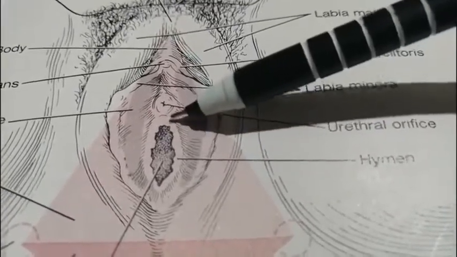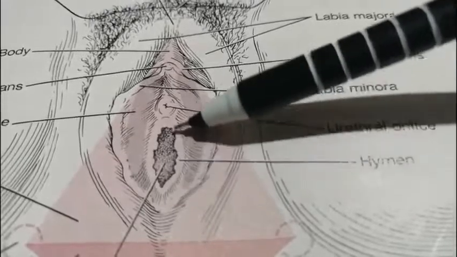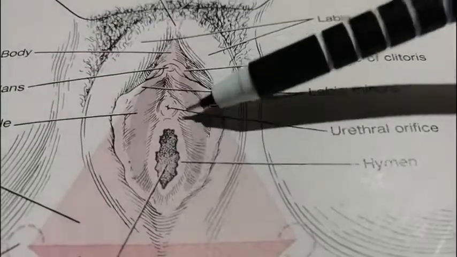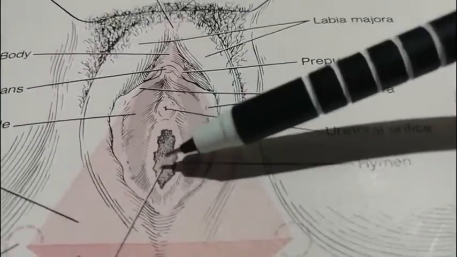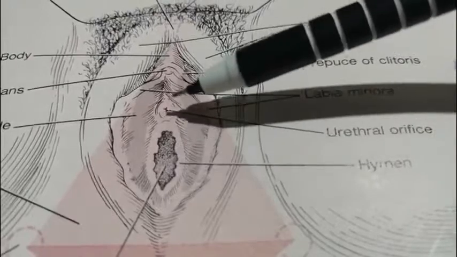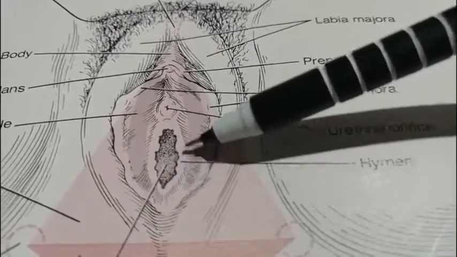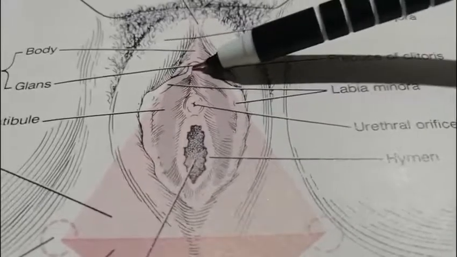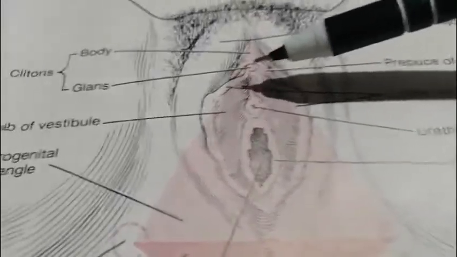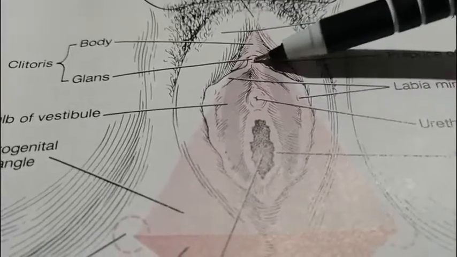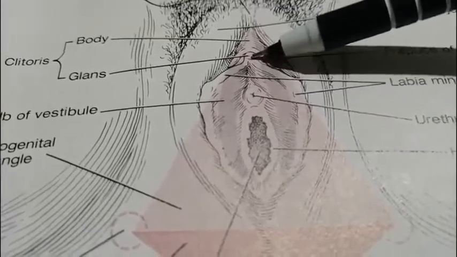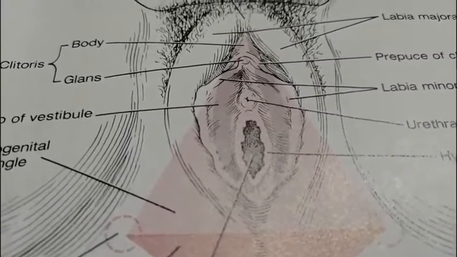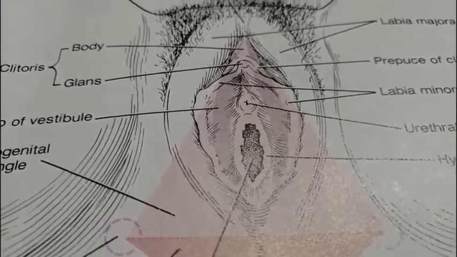Now the vagina has a membrane called the hymen. The labia minora is highly vascularized, and it lacks hair. At the upper part you can see here, it forms a structure which we call the clitoris, which is homologous to the male penis. Fine. So this is about your external genitalia.